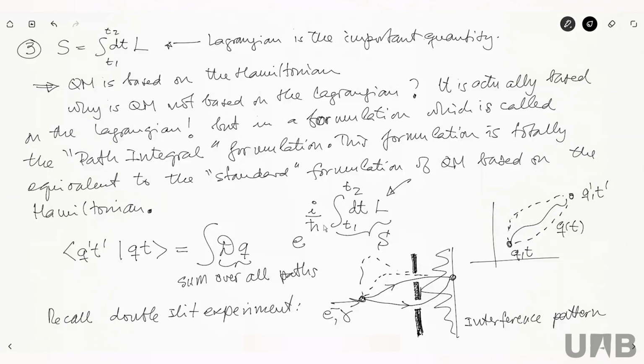Okay, so this was a parenthesis having to do with why the Lagrangian and the action principle is much more interesting than just what it does in classical mechanics. It has very strong connections and implications in quantum mechanics and in the formulation of the fundamental theories that we know today. So that was point 3.